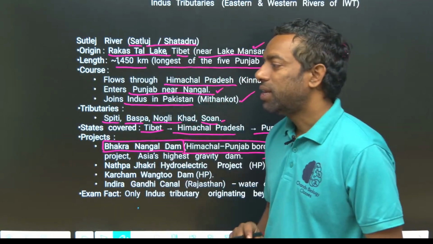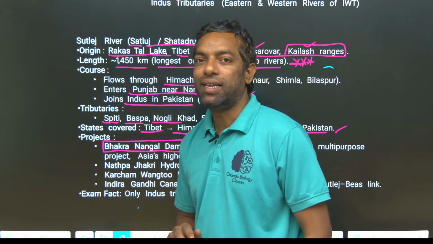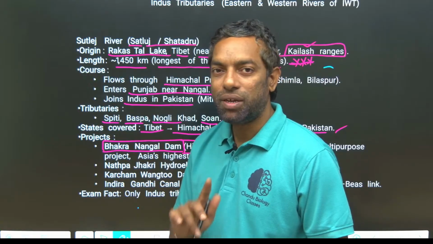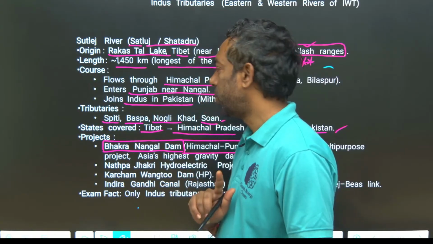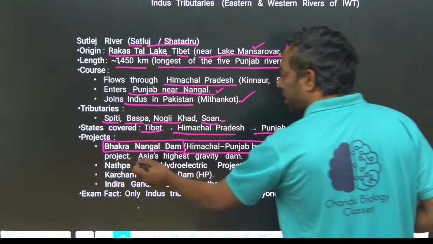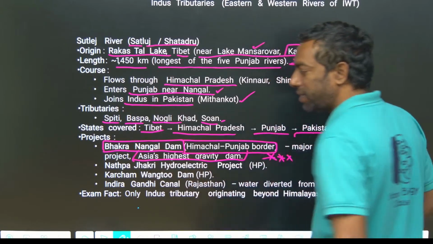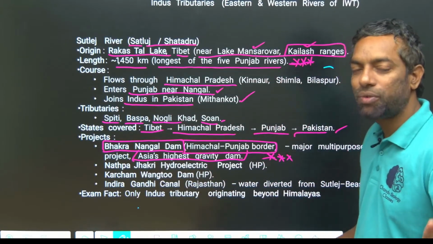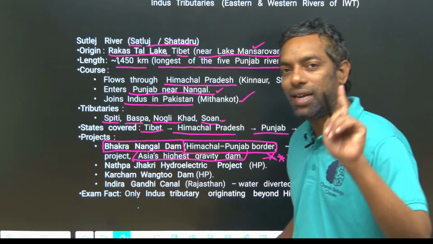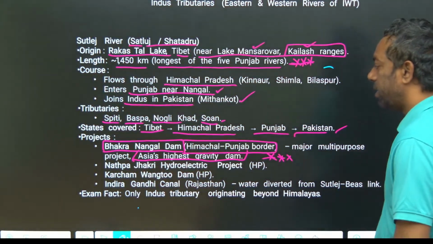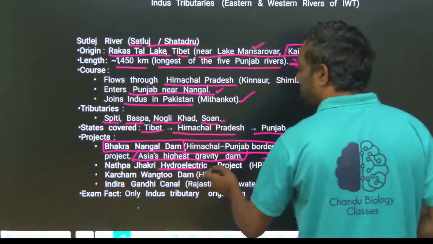The Bakra Nangal project is on the Satluj River, and it is Asia's highest gravity dam project. This is also a question, guys.